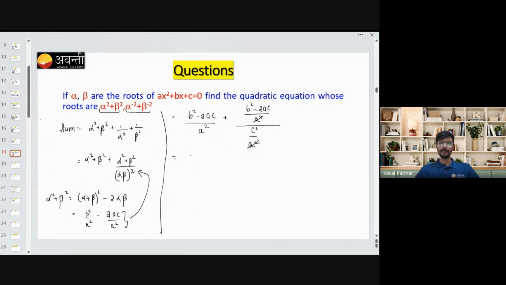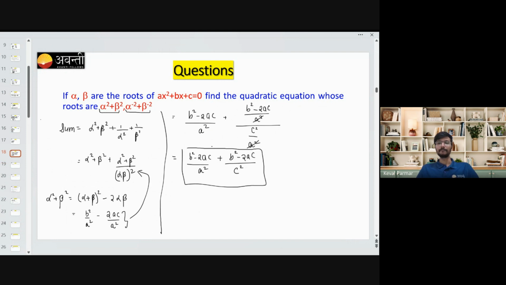Okay, so I'll get (b square minus 2ac) upon a square plus (b square minus 2ac) upon c square. This is the sum of the roots. If you want, you can take LCM, but even then it doesn't make it any easier.